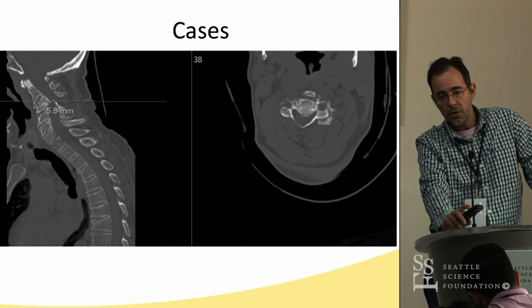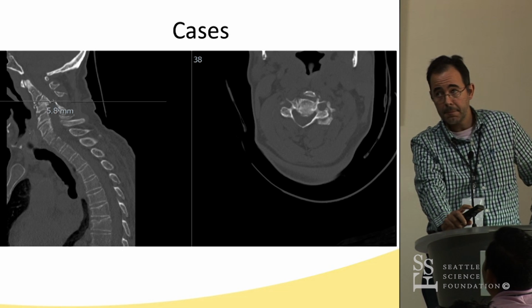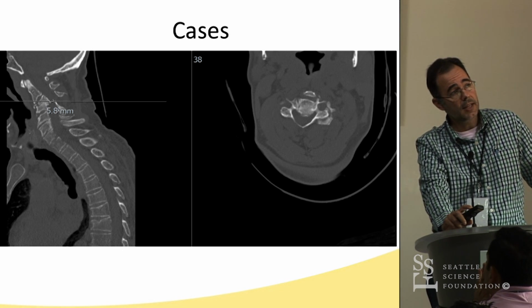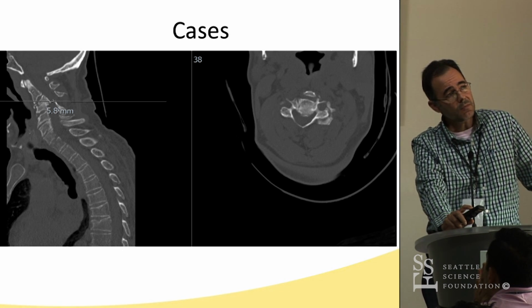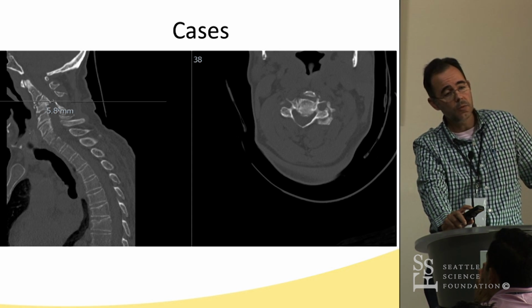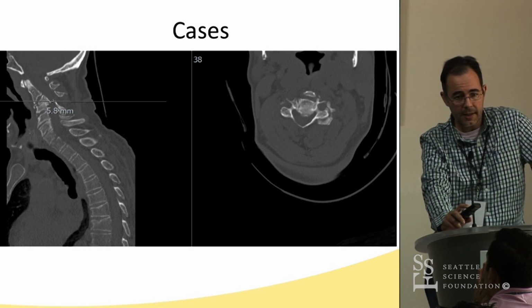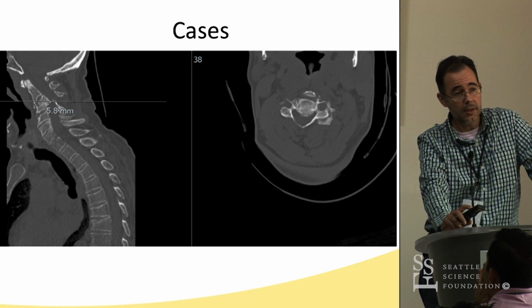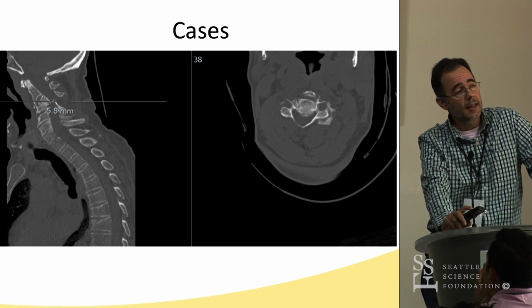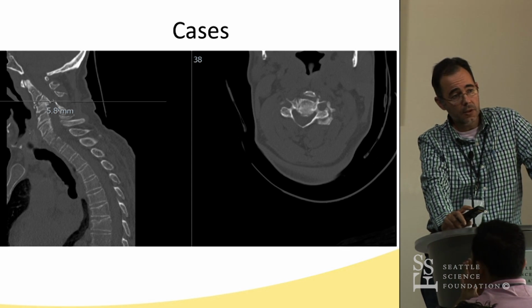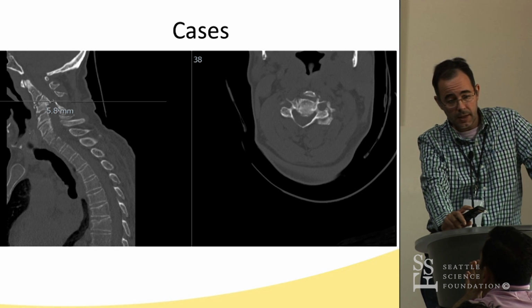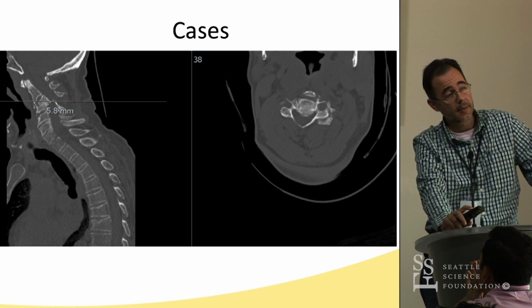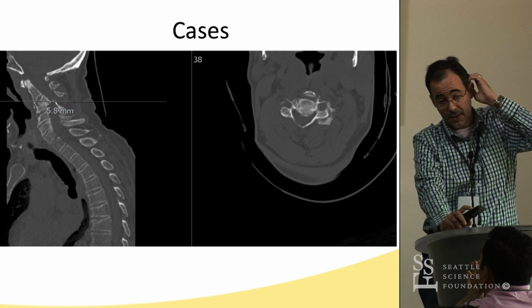So we'll go through a couple cases. As you can see, this is a gentleman who presented with osteomyelitis and discitis that has resolved. He's no longer infected. He is a gentleman who developed this in South Africa and then moved to the United States.